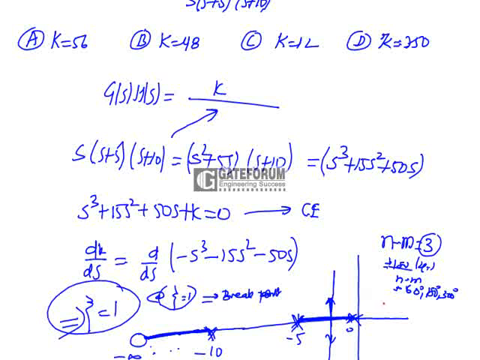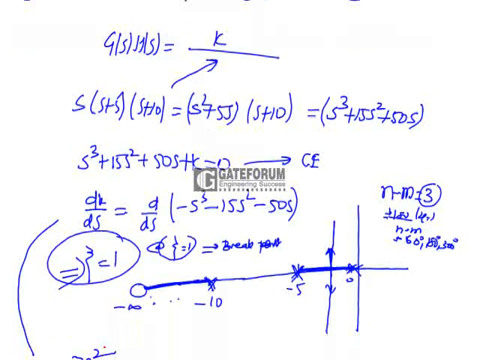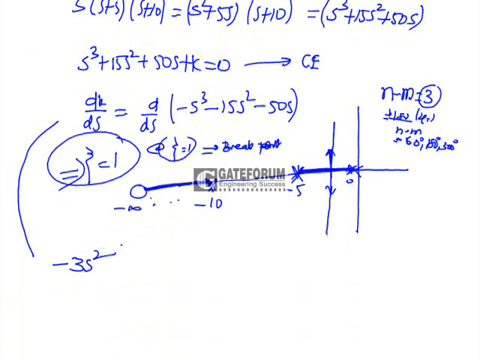Now what is dk by ds? Dk by ds is given as the derivative with respect to s of the characteristic equation, 3s square plus 30s plus 50. So this is minus 3s square minus 30s minus 50 is equal to 0. From this we can find that s is equal to minus 2.432 and minus 7.886.